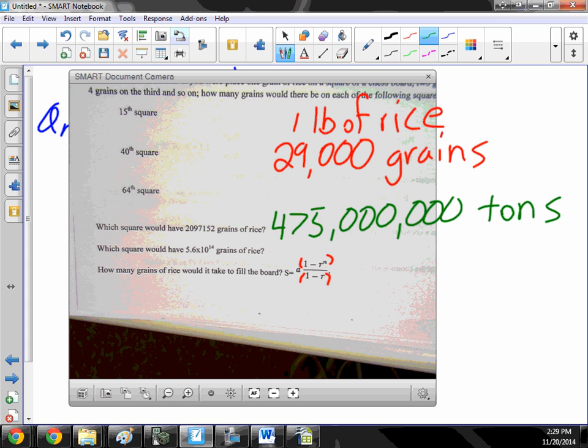Now, granted, we eat a lot of other things than rice, especially in this country. But this is the current demand for rice. So what I want to know as your final question is, how many times will the chessboard fulfill this need?